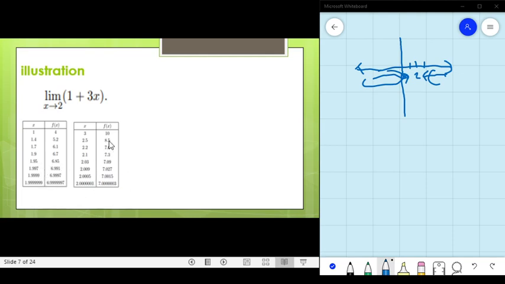It gets closer and closer to what number? Okay, it gets closer and closer to 7, right? 7. So this behavior can be shown no matter what set of values, what direction is taken in approaching 2.